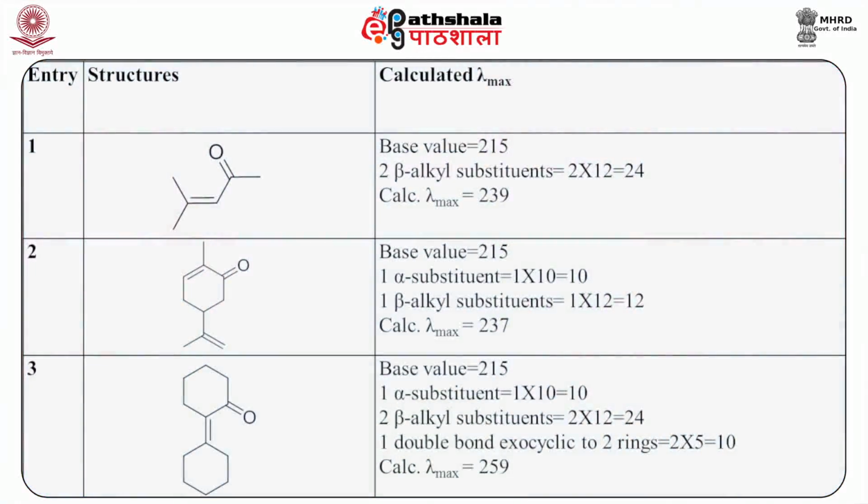Now, let us calculate the lambda max of a few typical examples to elaborate the above rules for alpha beta unsaturated carbonyl compounds. In entry number 1, as you can see in this structure, it is an alpha beta unsaturated carbonyl compound with a base value of 215 nanometers. Two alkyl residues will contribute 24 nanometers. Thus, the additive value will become 239 nanometers.